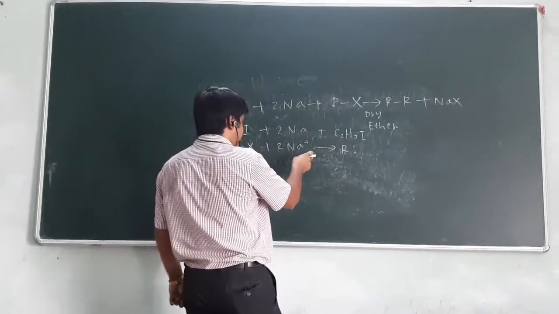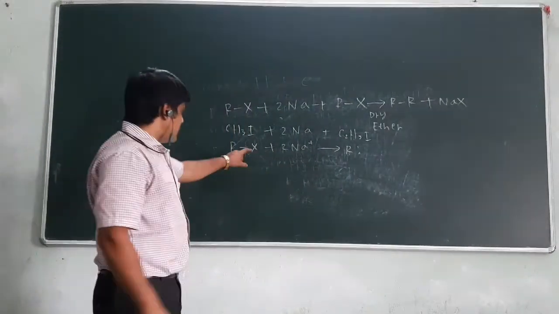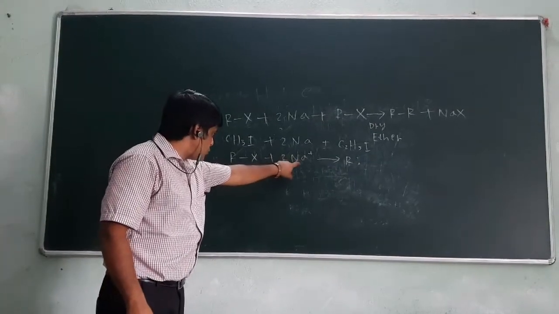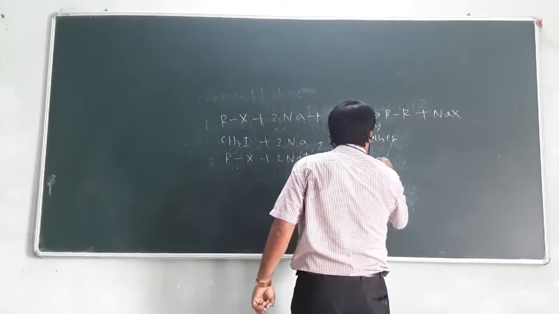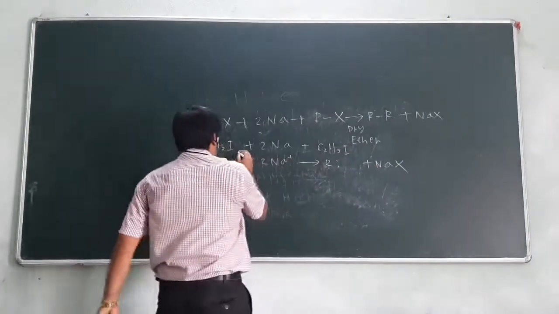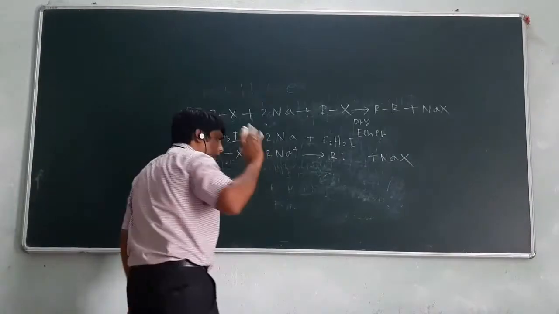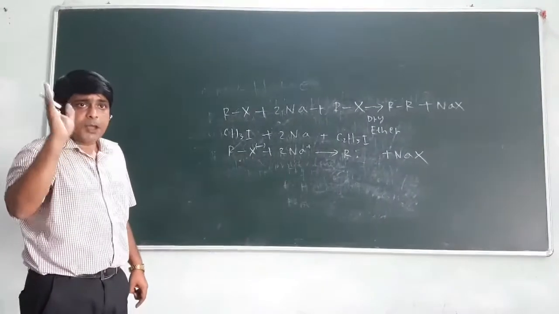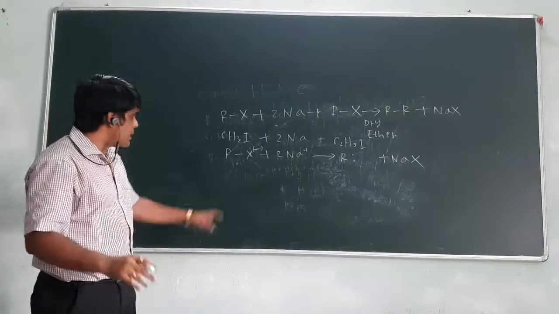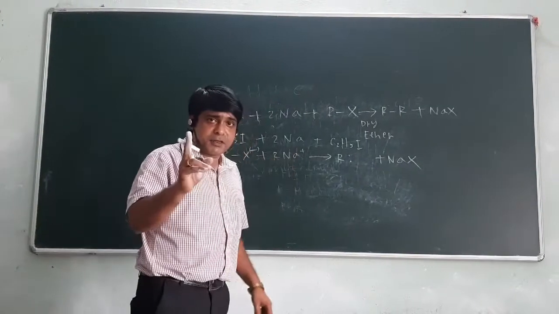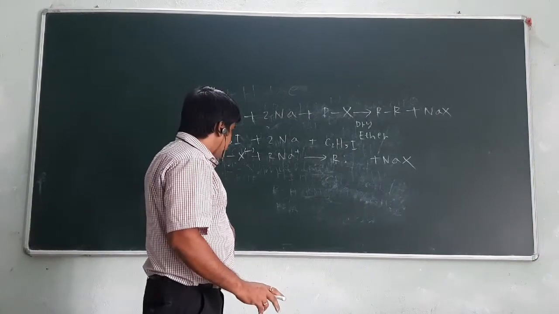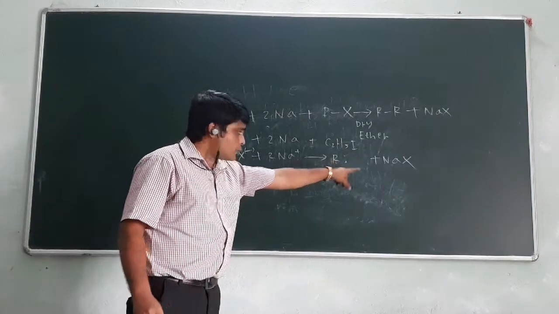The halogen has been removed from here, and it attaches to the sodium. So sodium halide is formed, because any kind of halogen carries a negative charge. Chlorine, bromine, iodine, every halogen carries a negative charge, and sodium is strongly positive. So the strongly positive and strongly negative charges bond to each other and form sodium halide.